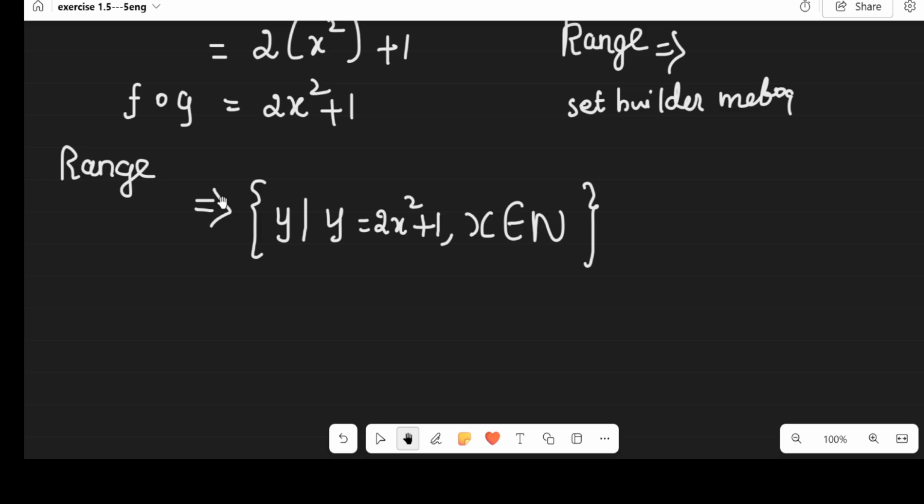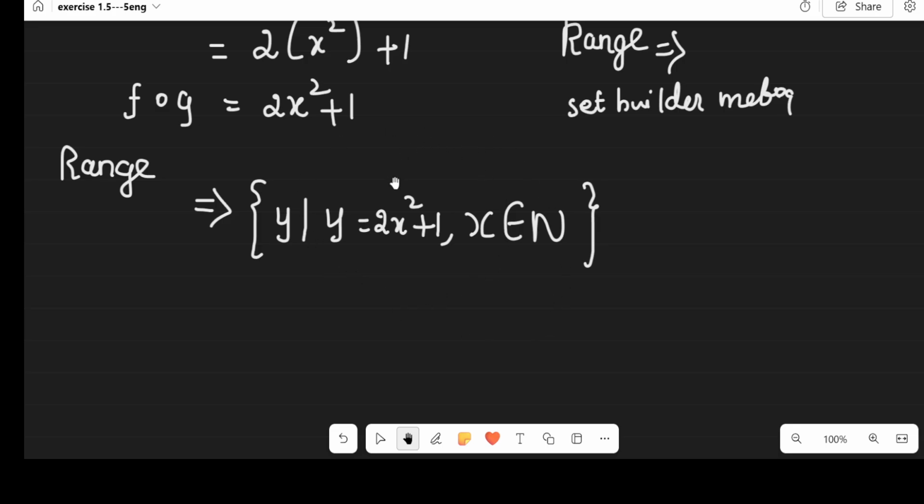In set builder method, we can represent this function in terms of range, so I'm including such that and belongs to notations. Set builder method consists of some notations like such that and belongs to. This symbol represents belongs to. This symbol represents such that.